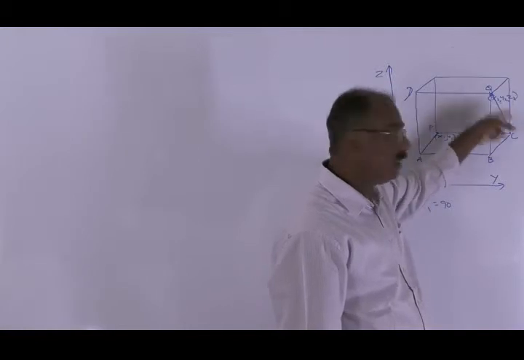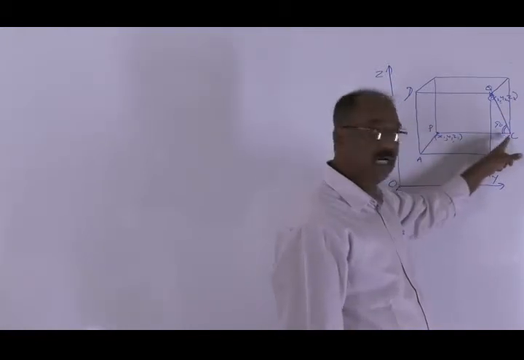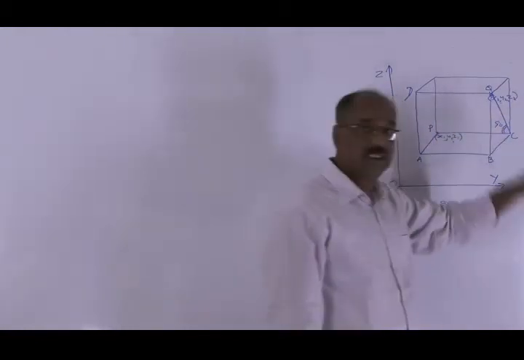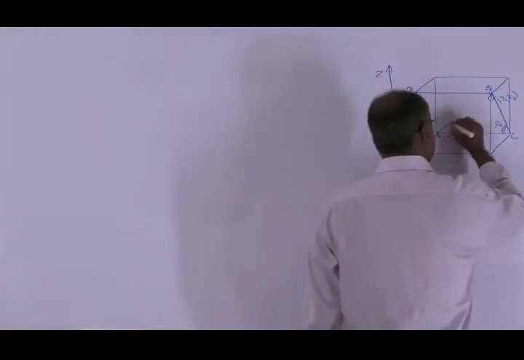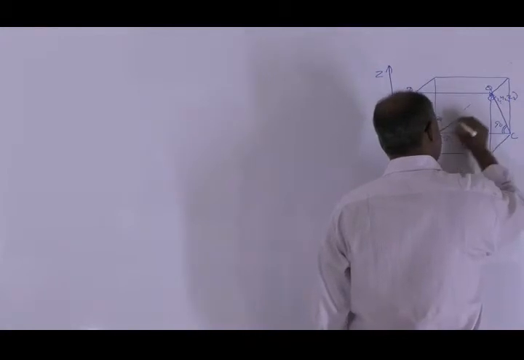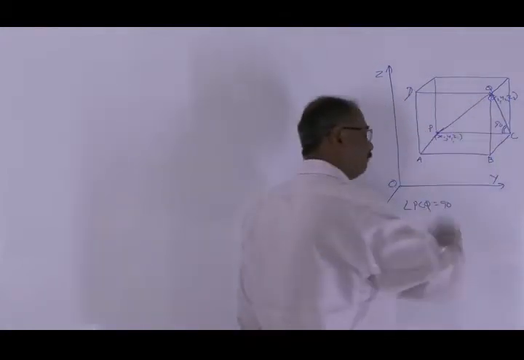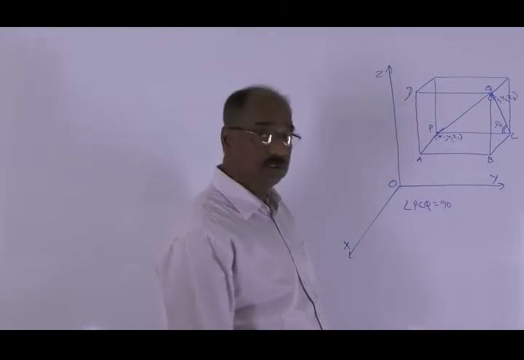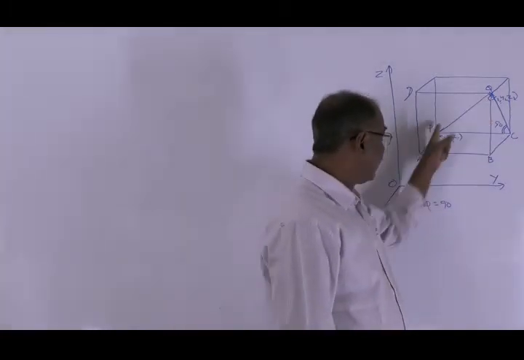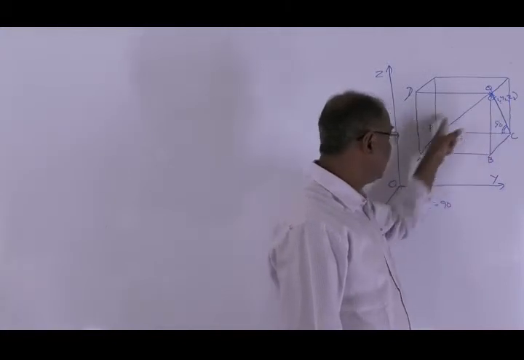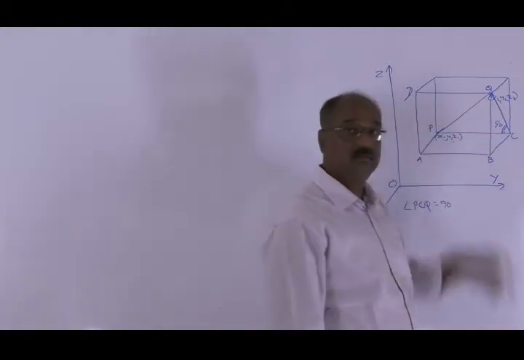So this side and this edge are perpendicular, and therefore this is perpendicular. And now this PQ is the diagonal of the box, and also PCQ is a right angle triangle.